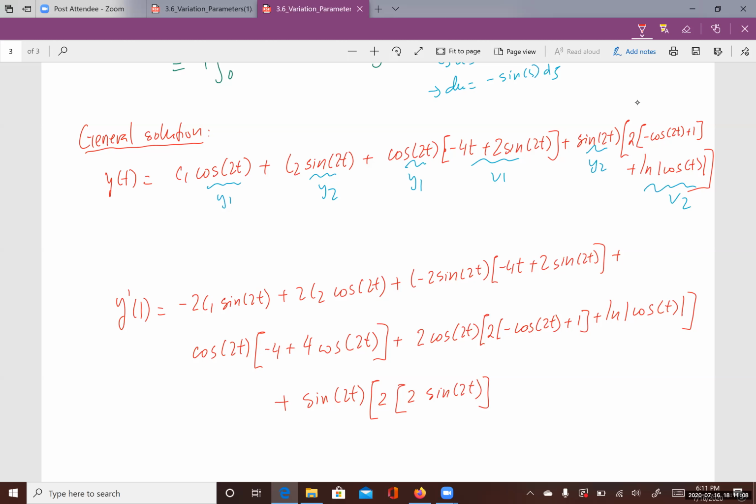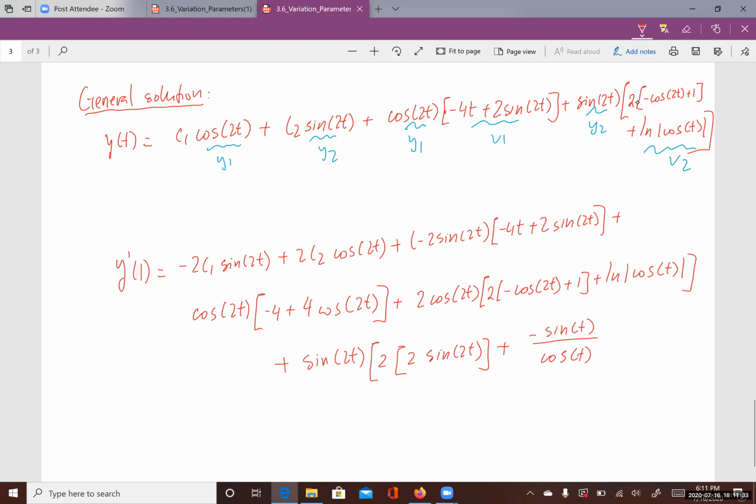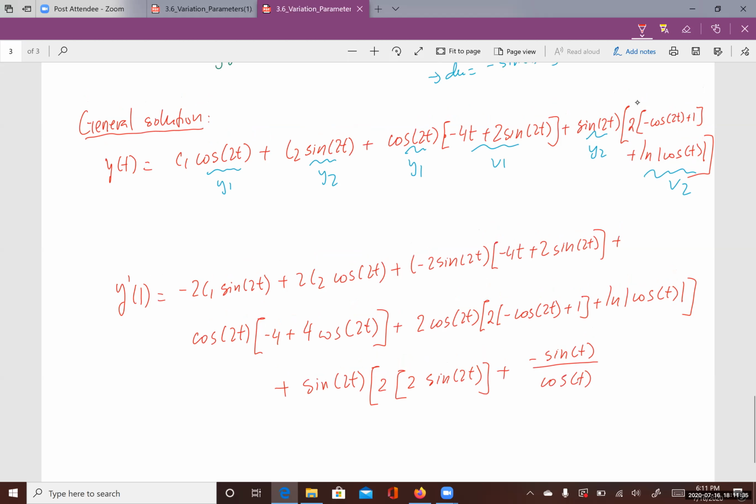Plus 2, the derivative of natural log of cosine t should be 1 over, you're going to use the chain rule here. So u equals cosine, negative sine of t divided by cosine of t. This is going to go back to the tangent of t. Okay, just leave it like that for now.